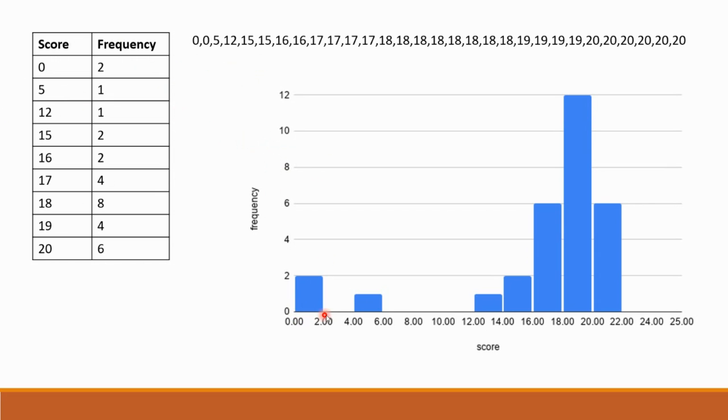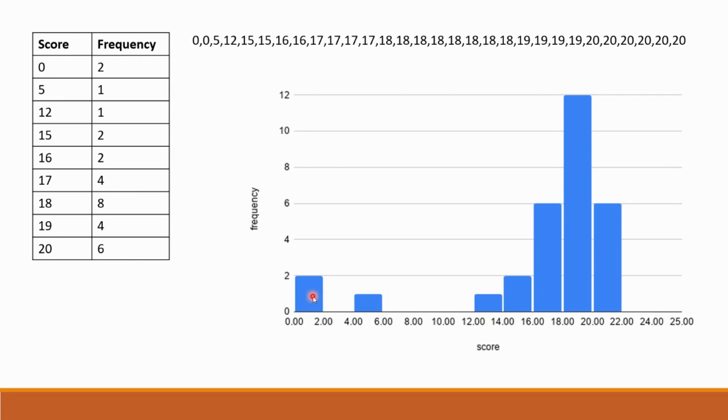Since the horizontal axis is the number line, each base of the bar is almost like an interval. This will include all scores, in this case, greater than or equal to the left-hand side, 0, and strictly less than the right-hand side, which is 2.